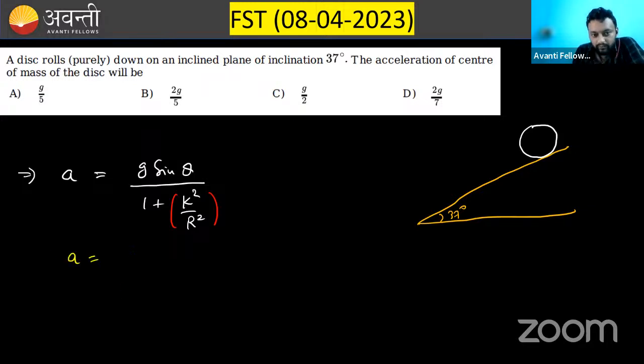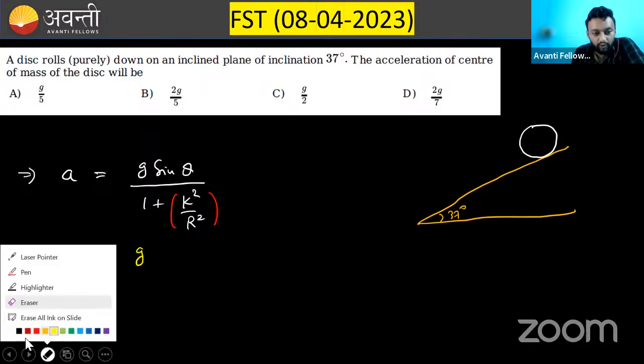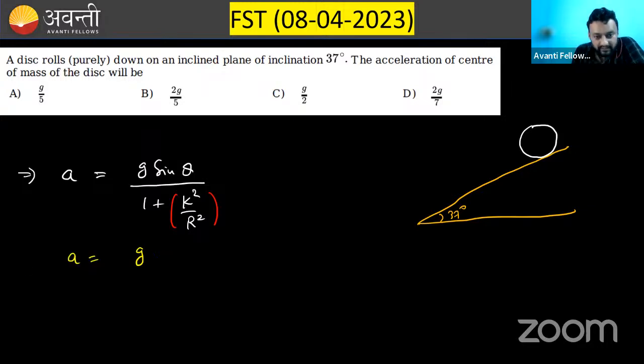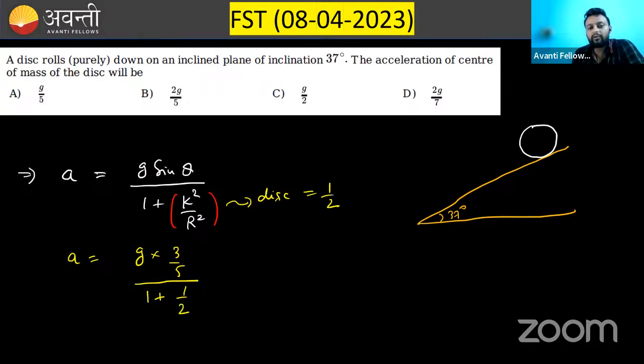a is equal to g sine 37. I put the value of sine 37 directly. Do you know the value of sine 37? If you don't know, then remember it. Sine 37 is 3 by 5, divided by 1 plus k square by r square for a disk, which is 1 by 2.